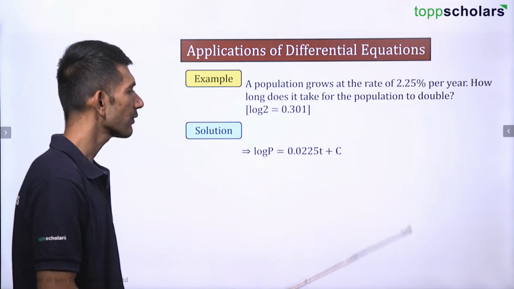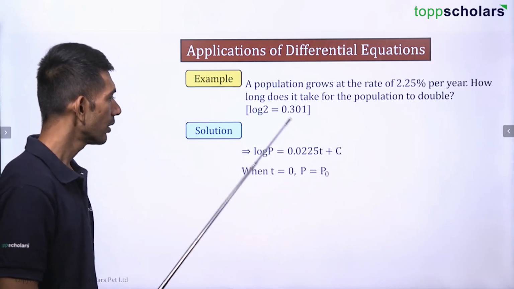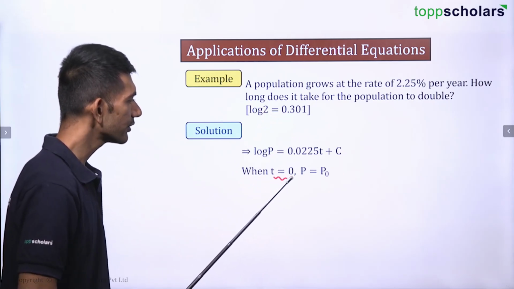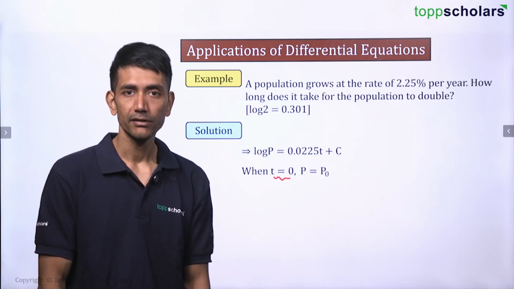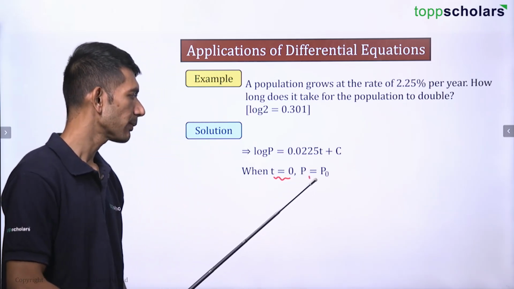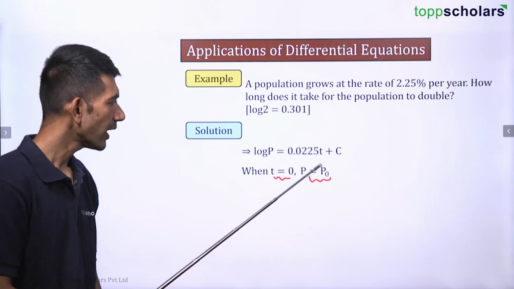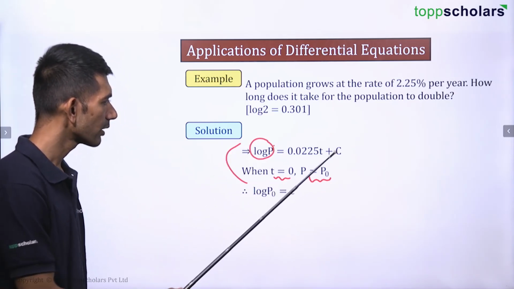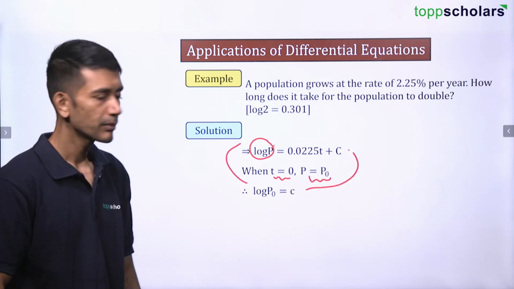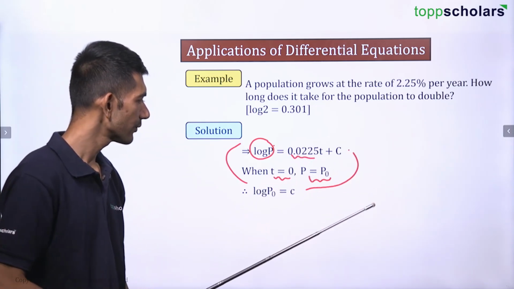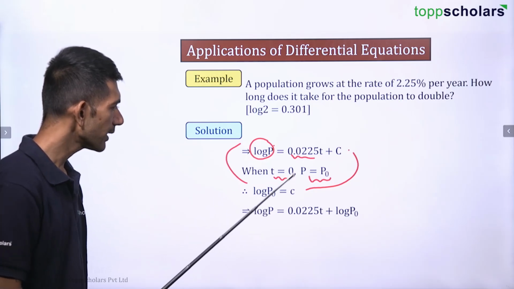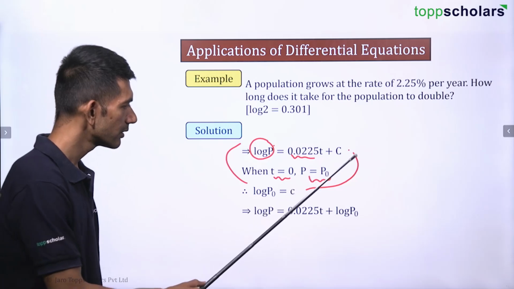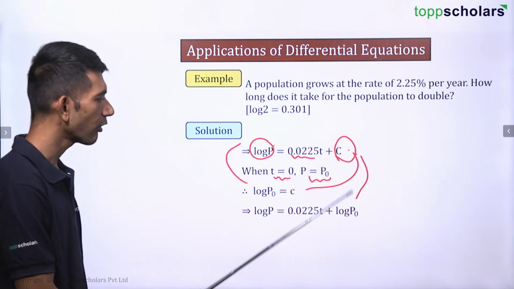Now we need to find the value of c as well. But we can say that when the time is 0, the population is p naught. So at 0, can I say log of p naught is c, because the time term becomes 0, and then log p will be equal to 0.0225 t plus the constant, which is nothing but log of p naught.